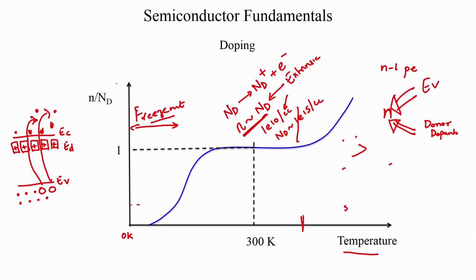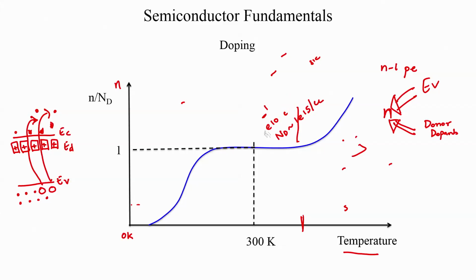We will redefine the y axis in that case to n, and if we plot n versus temperature, in the case of a dopant this will now become Nd, but in the case of an intrinsic semiconductor this would have remained very low, and at a certain point this would have begun to increase.